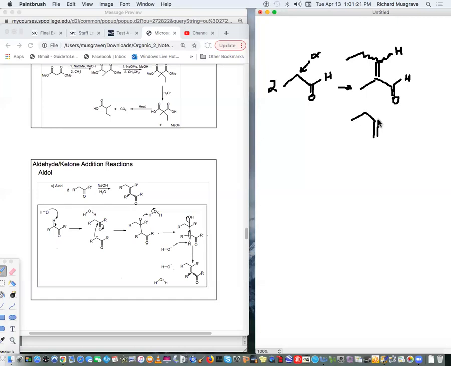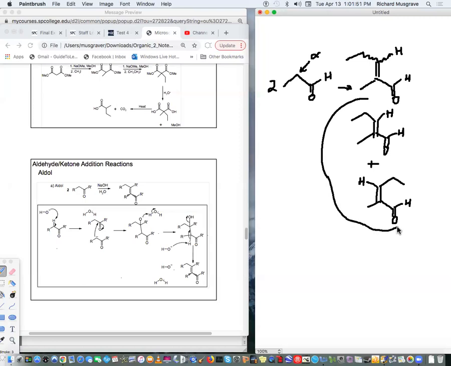It's a way to say really, so because there's no free rotation around the double bond, the possible products we get from this double bond production are going to be both of these.